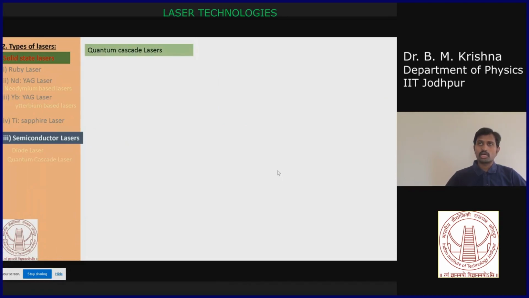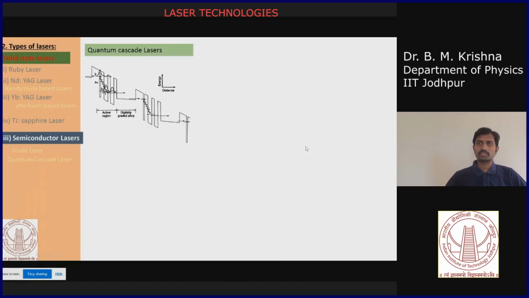So these are quantum cascade lasers. Quantum cascade lasers are also semiconductor lasers, but these are not conventional semiconductors. Now this is actually how it works. You have designed your conduction band energy levels in such a way that you inject the electrons.